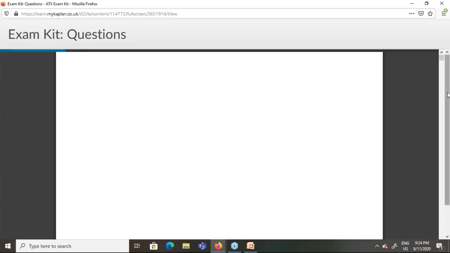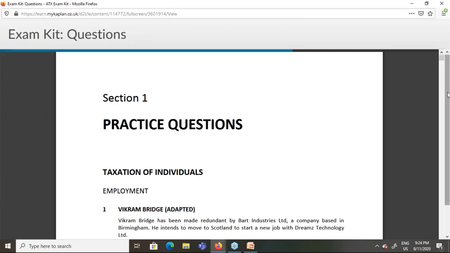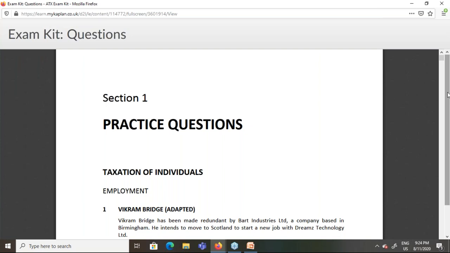Now, as I mentioned, and as we discussed yesterday, when you get questions at the exam, the nature is such that they include both IHT and CGT in the same question. So we should have an ability to identify both IHT implications and CGT implications in a given scenario.